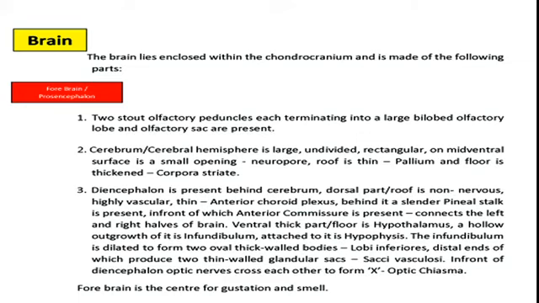So first region of the brain is forebrain or prosencephalon. As already told, this region has three parts: olfactory lobe, cerebrum, and diencephalon. Two stout olfactory peduncles, each terminating into a large bilobed olfactory lobe, and olfactory sacs are present at the anterior region of the brain.